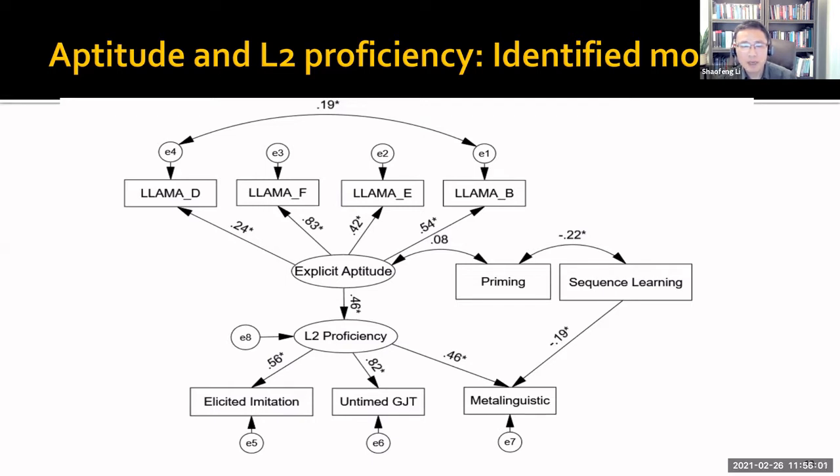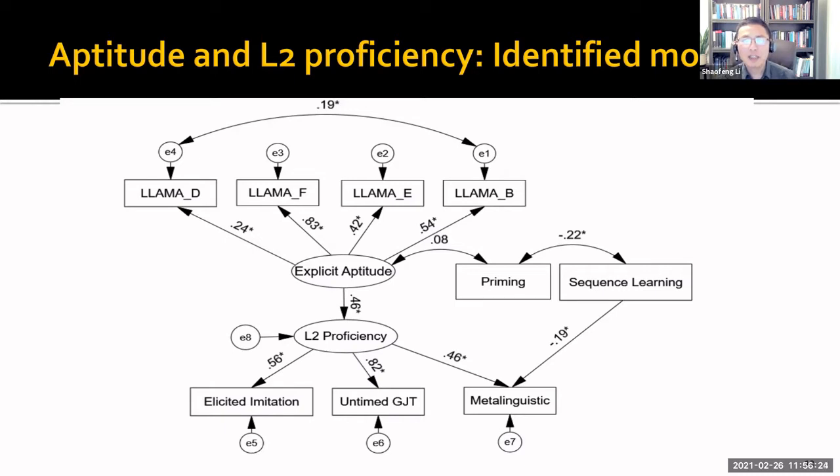As you can see from this diagram, elicited imitation loaded with the 2 measures of explicit knowledge. So basically, it was found to be a measure of explicit knowledge, because it converged with the measures of explicit knowledge.